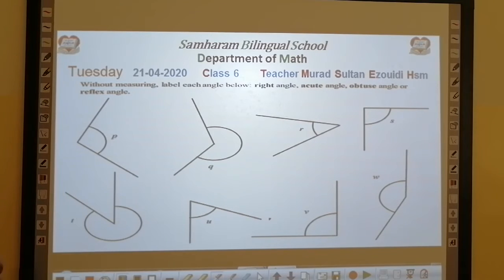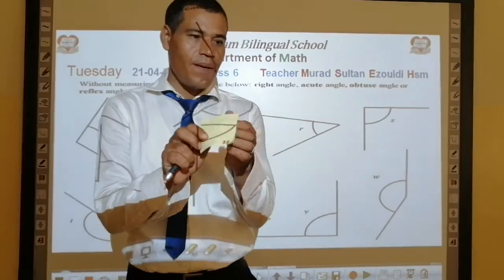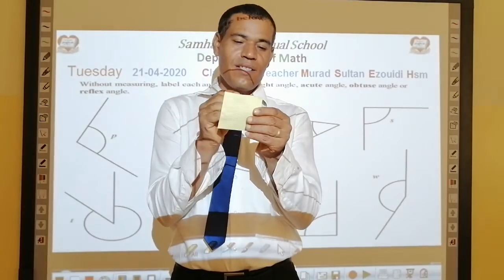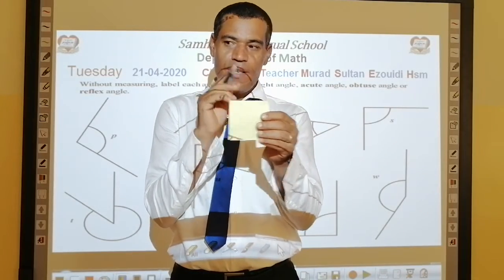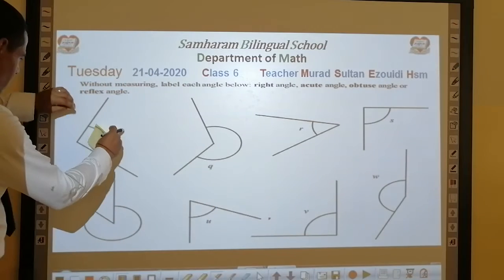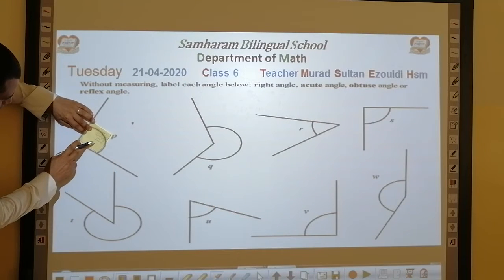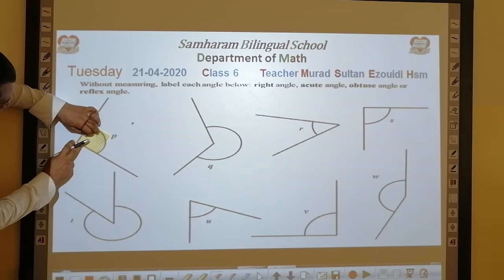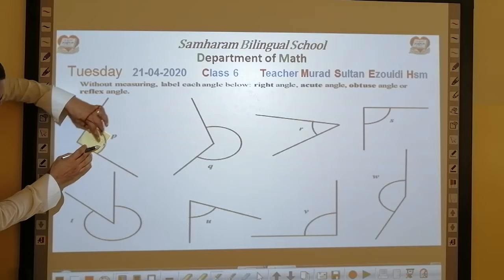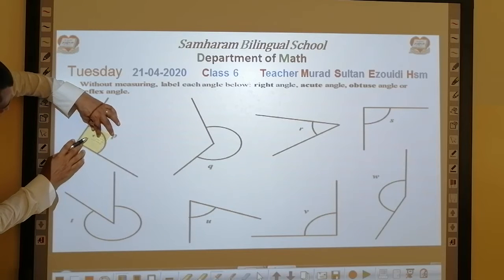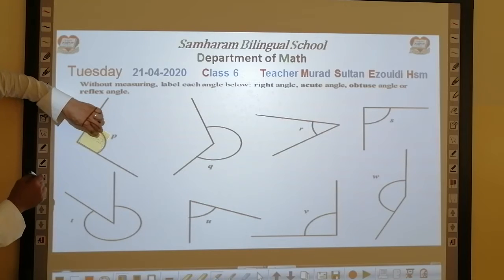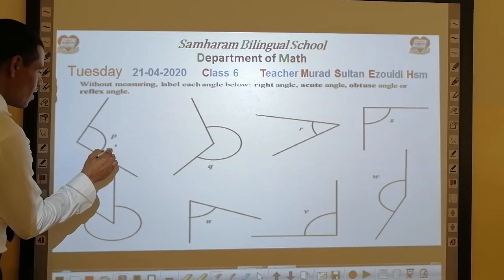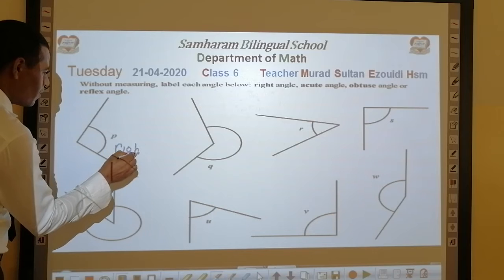You can see this paper, this one is 90 degrees. Let me check if it is 90 degrees or not. This one, is it 90, my kids? No. Just a moment. This one, yes, this one is 90 degrees. So I will label it as a right angle.